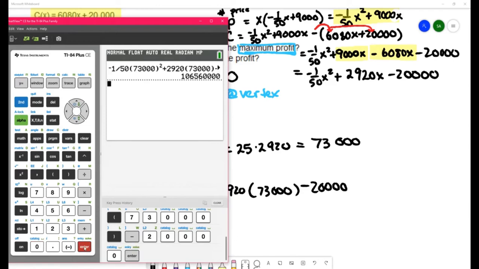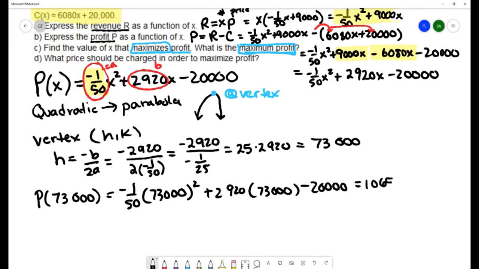So we've got 10656 with 4 zeros. So let's put some commas in. So that is 106,560,000 for the maximum profit.